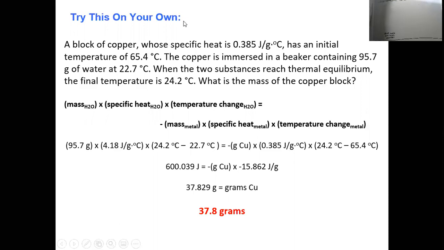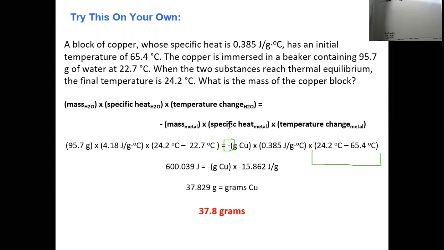You'll find doing these calculations that if you forget to put this negative sign in over here, a lot of times you'll end up with a negative mass value or you'll end up with the wrong sign at the end, okay? And that's because one of the materials is always going to have a negative temperature change, okay?